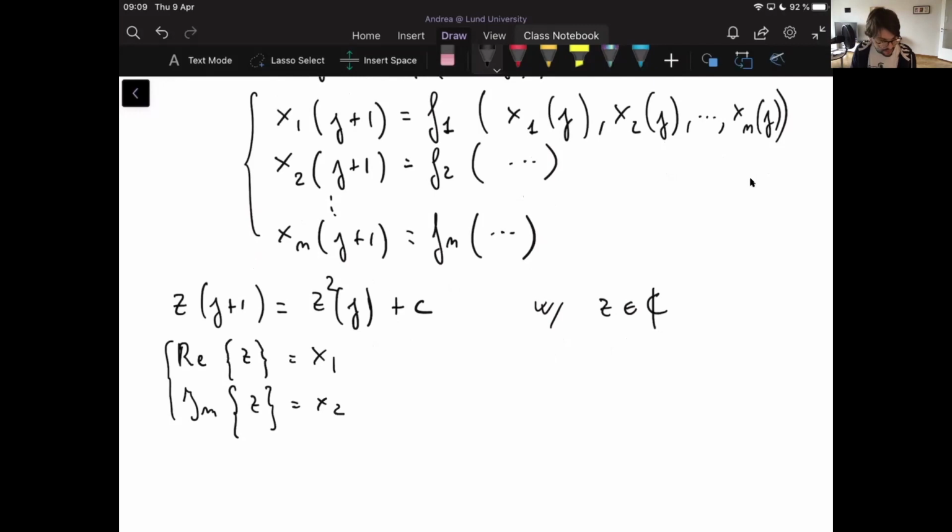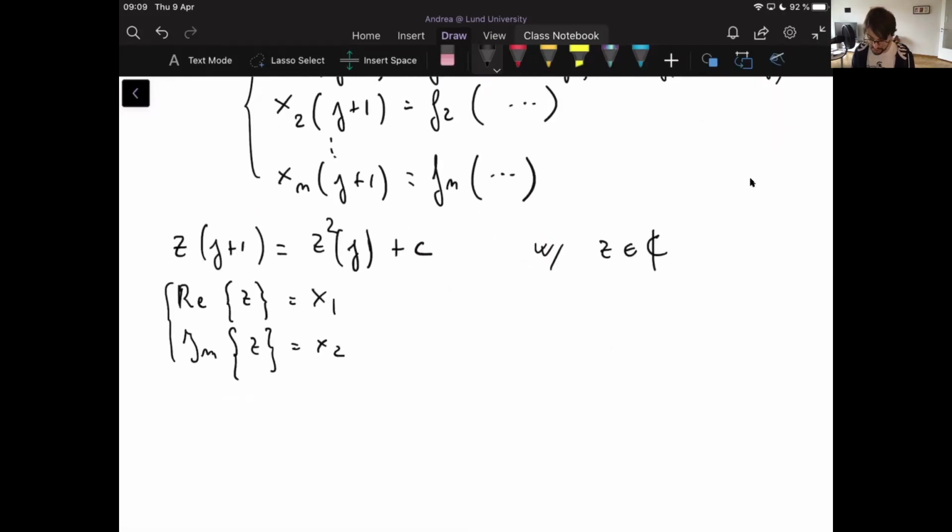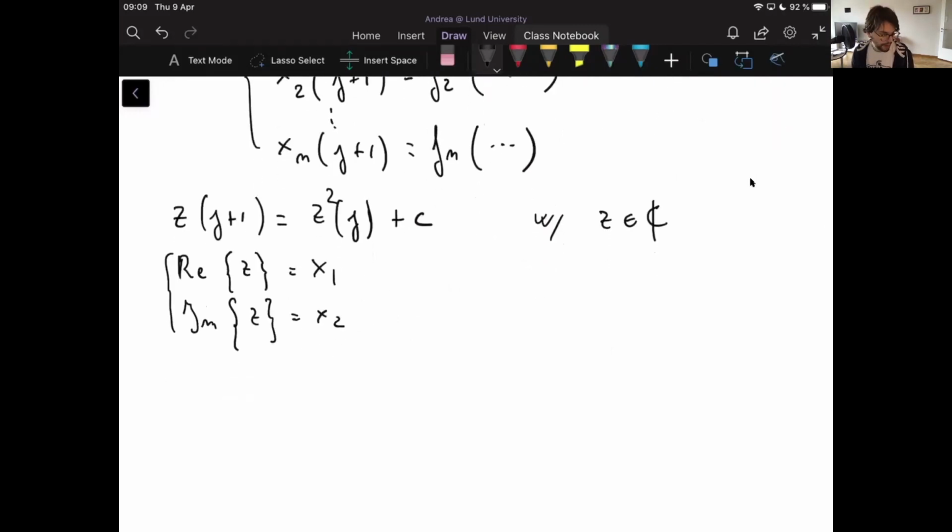So you can expand it and see the correspondence with the logistic map explicitly.